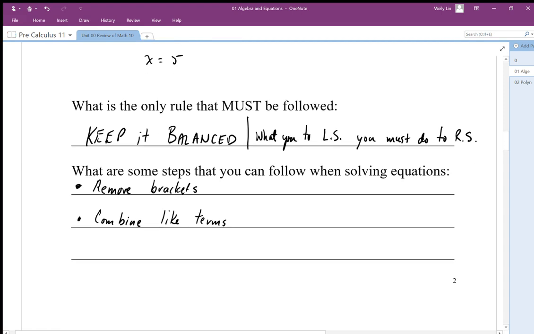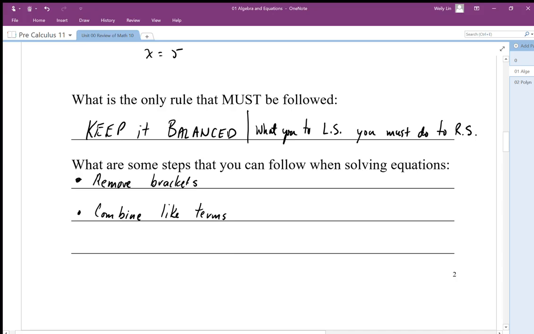Okay, and it's often easier to get x's on one side and numbers on the other side. Okay, so these are some steps. Now you don't have to do these steps, again, because there's only one rule, and that is keep it balanced.